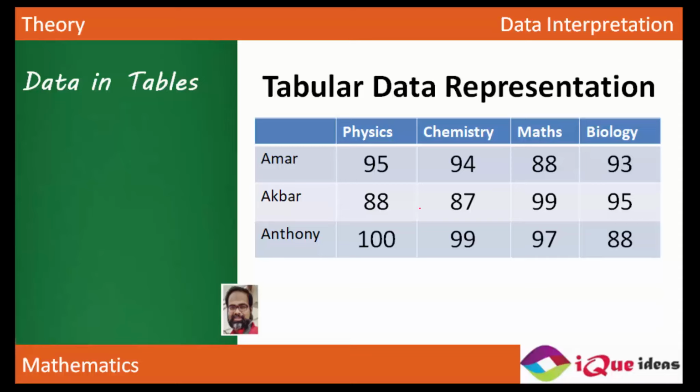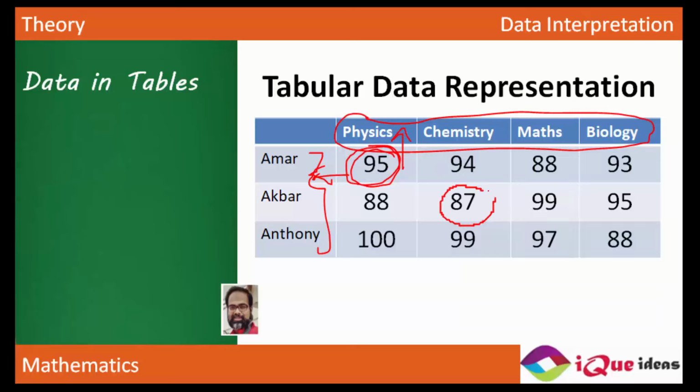If I go through the table, then I can easily associate each of these students with each of these subjects. So every particular cell corresponds to one student and one subject. So if I were to take this particular data, this represents the marks obtained by Akbar in the subject of chemistry.